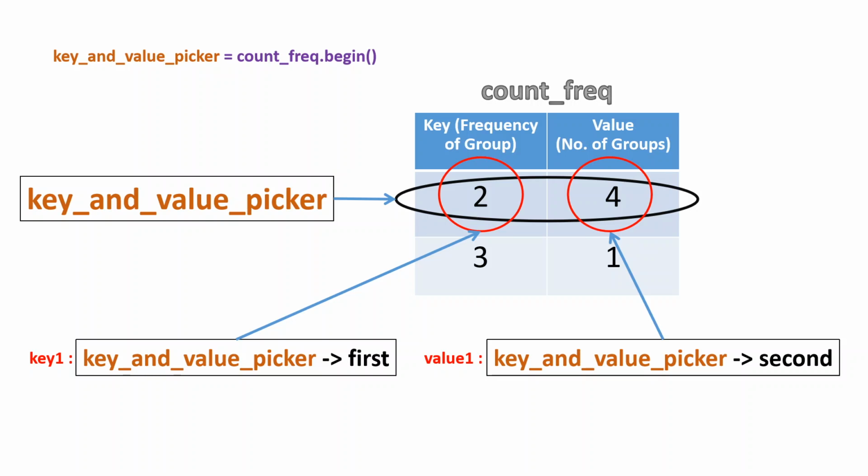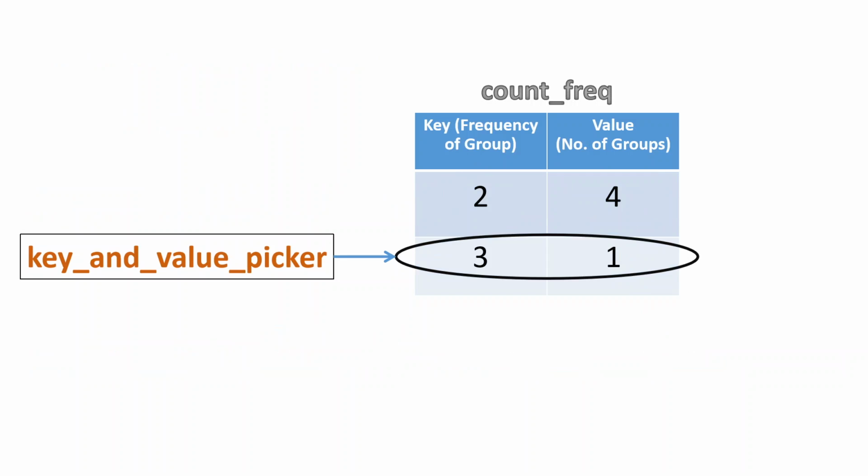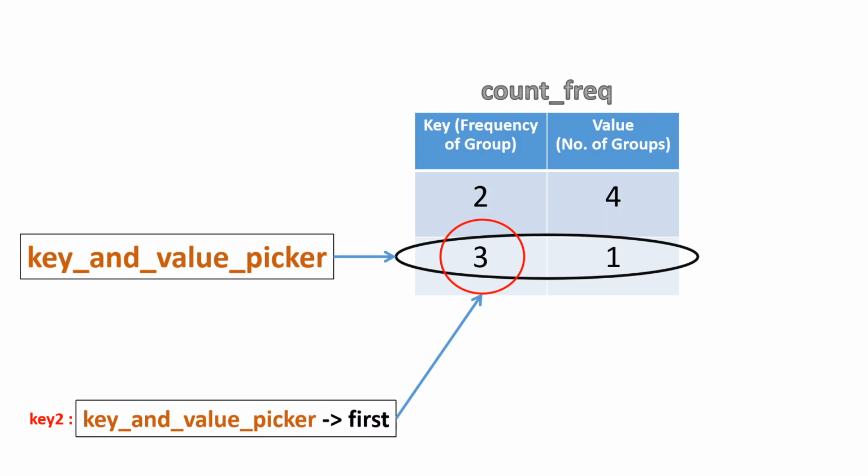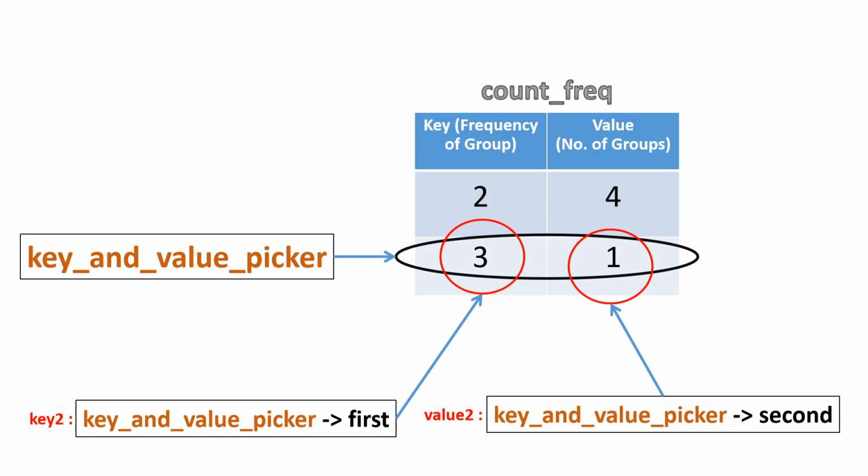But what if we need to access the key and value of the second element? To do that, we'll just increment the pointer, which will make it point to the second element. And using the same syntax, we can access key 2, the key of the second element, and value 2, the value of the second element.